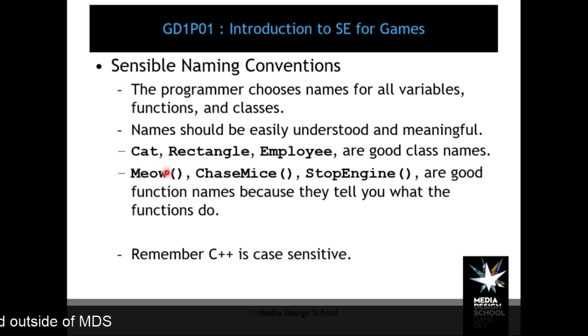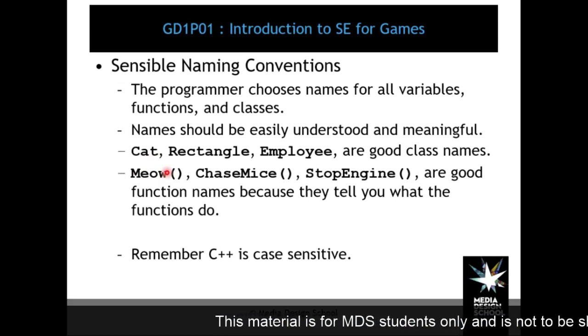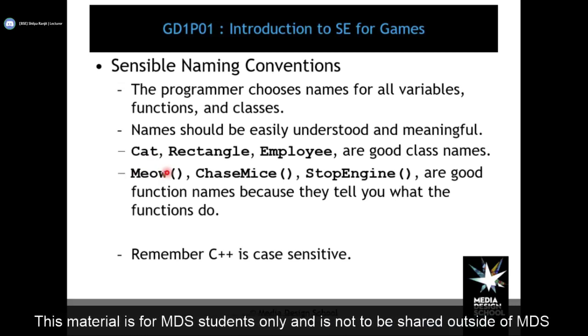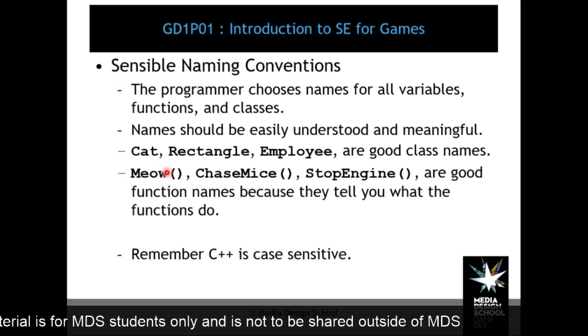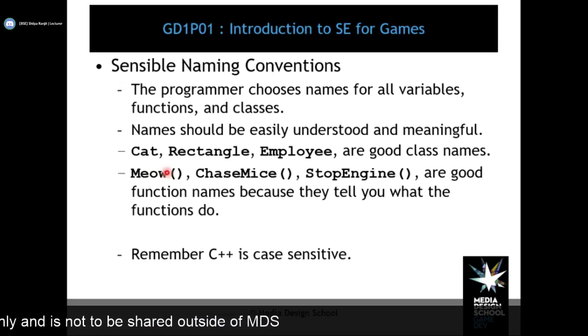Why do we write it as chase meows? That is just a naming convention, Hamish. The naming convention that we follow is that we do not write an underscore there. Every second word starts with a capital letter. It's just a naming convention.